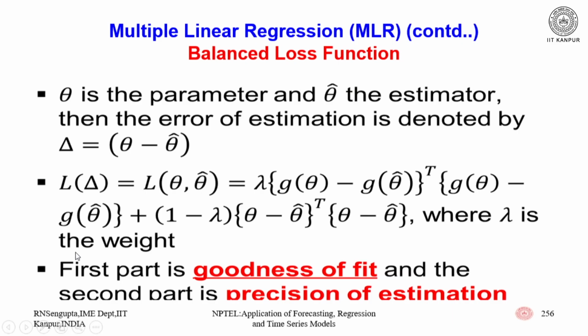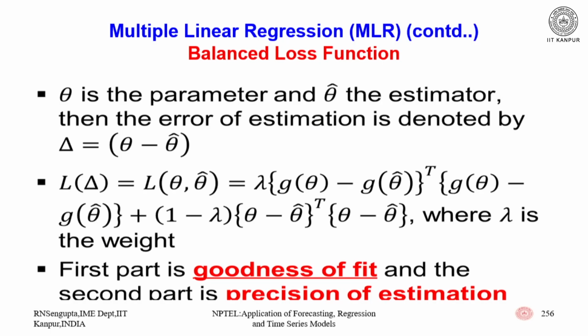Now, continuing the discussion from where we left off in the 41st class, consider that theta is the parameter. When I say theta is the parameter, I am using the word parameter in a very general sense. So, theta can be either beta, or beta naught, beta 1, beta 2 for the multiple linear regression. And as you remember in the 41st class, I mentioned that in the balance loss function you are trying to balance, to make a judicious choice, and the choice was about goodness of fit and precision of estimation.